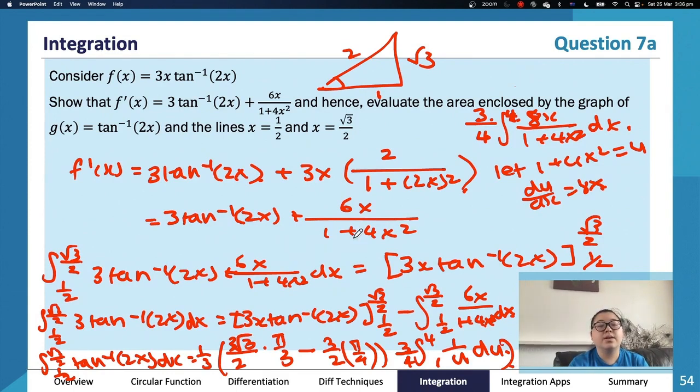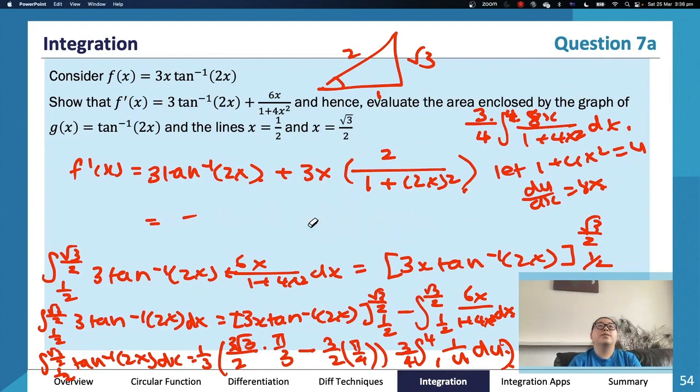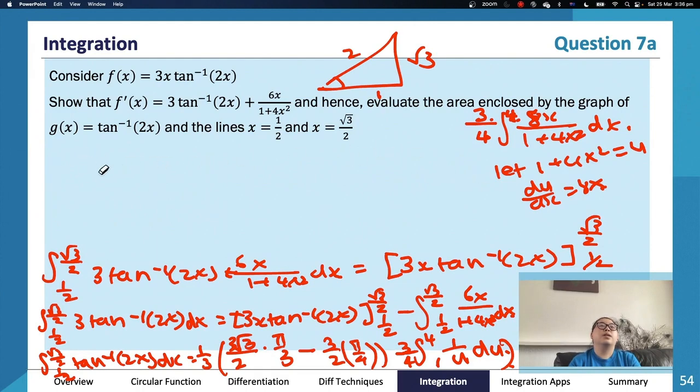I think I'll rub out this first section here to give us a little bit of space. So like that, and then if we want to talk about what's happening here, so this times that would just give you, because the 3 can also be distributed across, right?